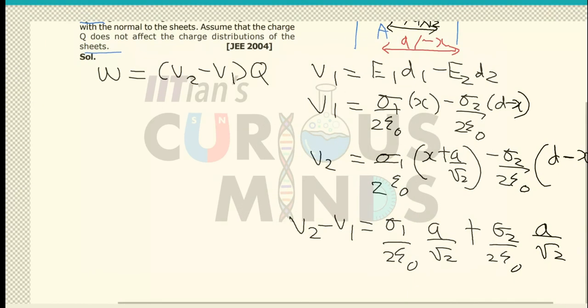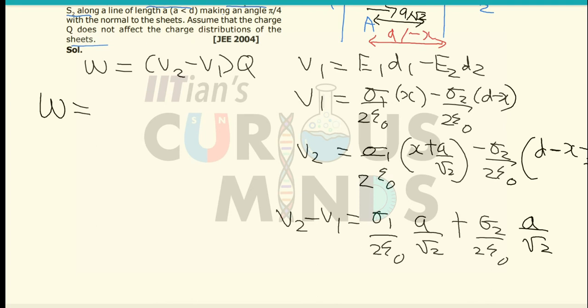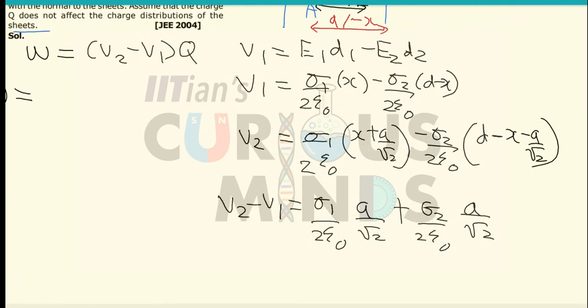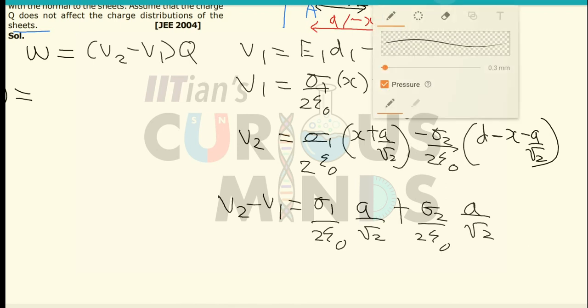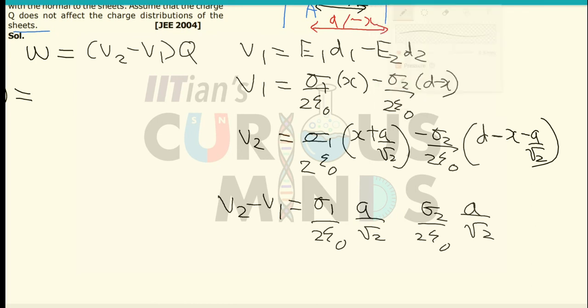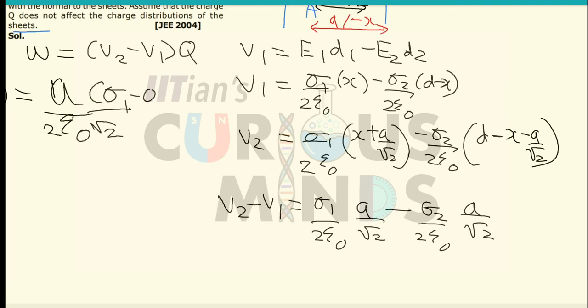So what I can do is substitute here. If I calculate this part, it will be negative q times this part, negative a by root 2. So when I subtract both of them, it will be equal to a divided by 2 epsilon naught into root 2, times sigma 1 minus sigma 2 into q.